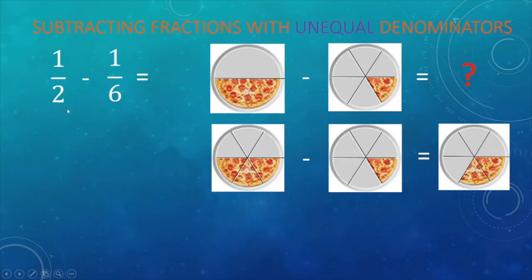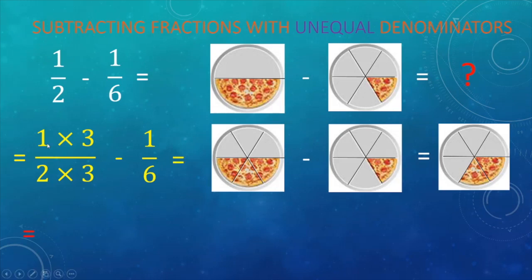Mathematically, same as with addition, we need to find the equivalent fraction with the same denominator. So if we look at our first fraction, to make our denominator 6, we can multiply 2 times 3. At the same time, we need to multiply the numerator by the same number. So 2 times 3 and 1 times 3.